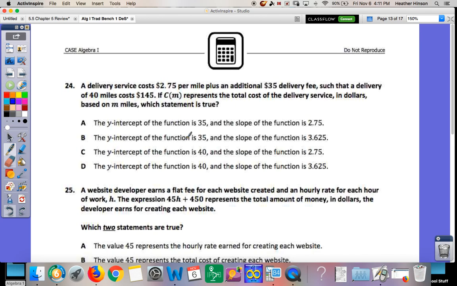So, we need to know what the y-intercept is and what the slope is. I would go to slope first. What you're going to see most of the time is per, each, or every. If you don't see one of those, think about what is changing. Luckily here we do have that. We have per, $2.75 per mile. What's changing here is your cost every mile. So that's your slope.